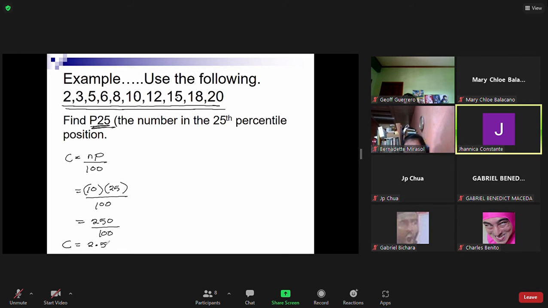Since the position of the percentile that we have is a decimal, as a rule, when we are solving for the percentile location, if your C is a decimal, we need to round it off or round it up.